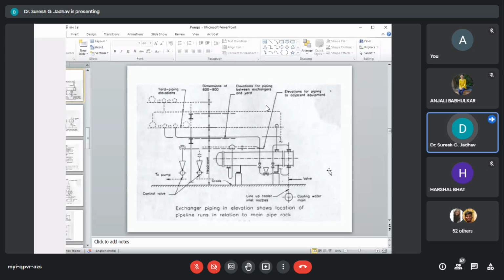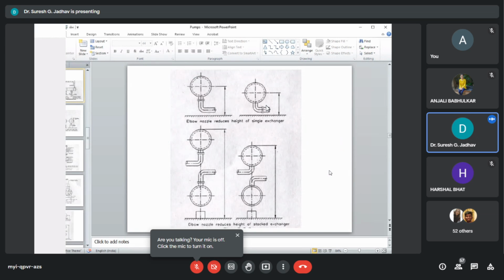Here you can see the exchanger elevation showing the location of pipeline runs in relation to the main pipe racks. And this one is an elbow nozzle to reduce the height of the stacked exchanger. So the elbow nozzle permits lowering of the heat exchanger to grade, with better accessibility to valves and instruments.